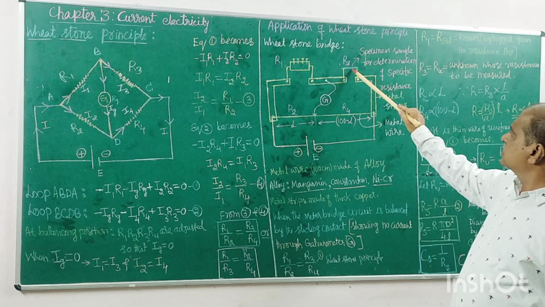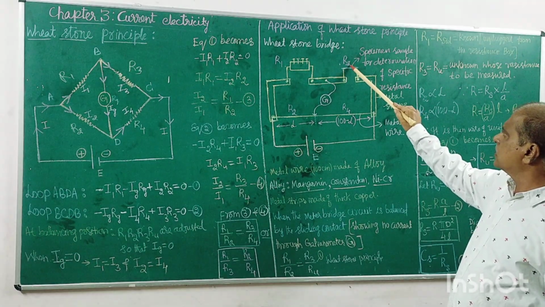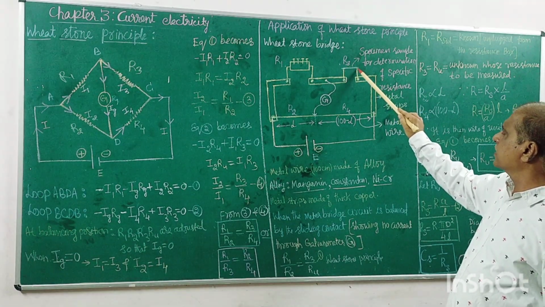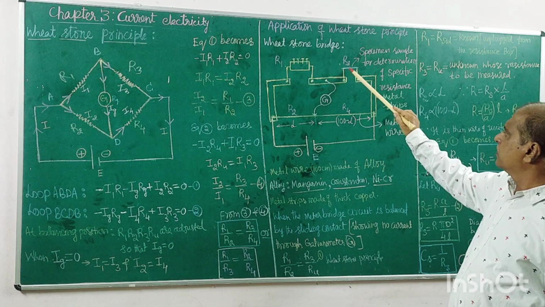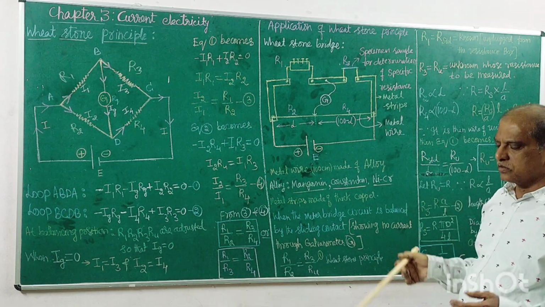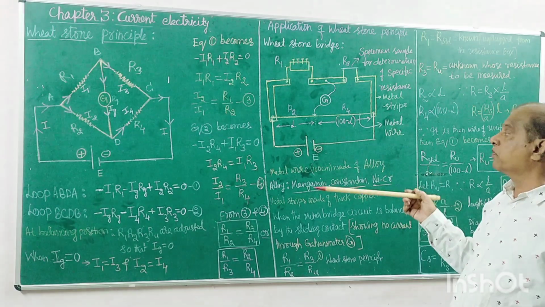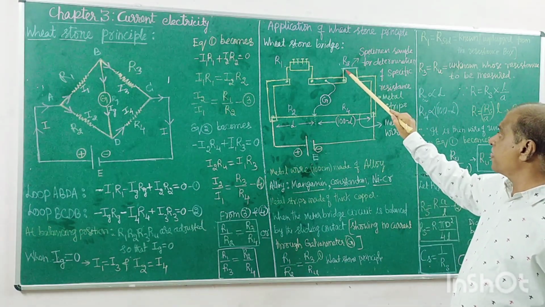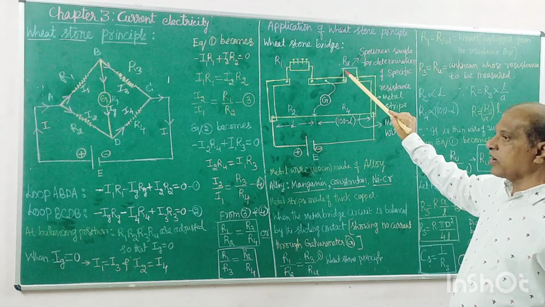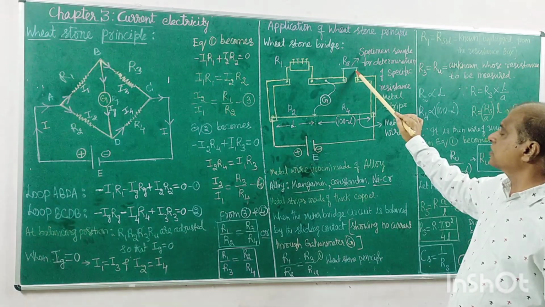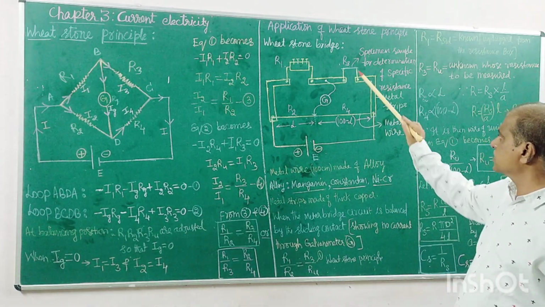That is the resistance of this R3. The resistance is not known, and it is connected like this. The conductor is made into a wire of uniform diameter. Very important. It is made into a wire of uniform diameter. That is the connection.